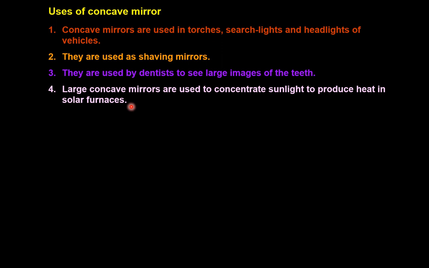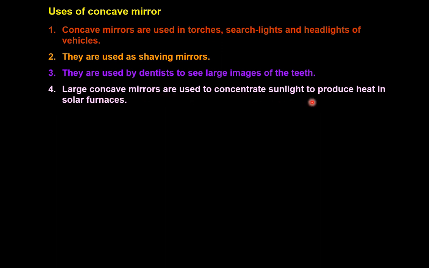We have to somehow make this beam concentrate on a given surface area. Since the sun is very far, almost at infinity with respect to our given system, like the given mirror, we will use a concave mirror to concentrate sunlight to produce heat in the solar furnace.